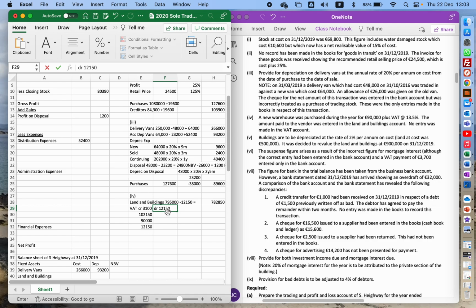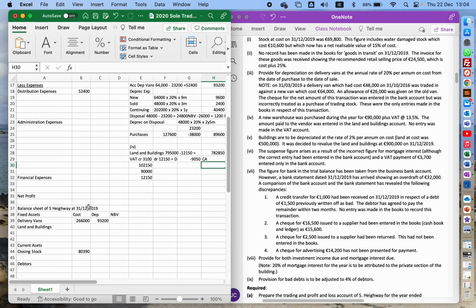Because the debit, the refund that I'm owed on that VAT, is more than the VAT currently was, I'm going to end up with a debit entry in my VAT account, which means that the VAT is going to become a current asset. Okay, so 3,100 minus 12,150, so 9,050, and that's going to be a current asset. So I'll put that in first.